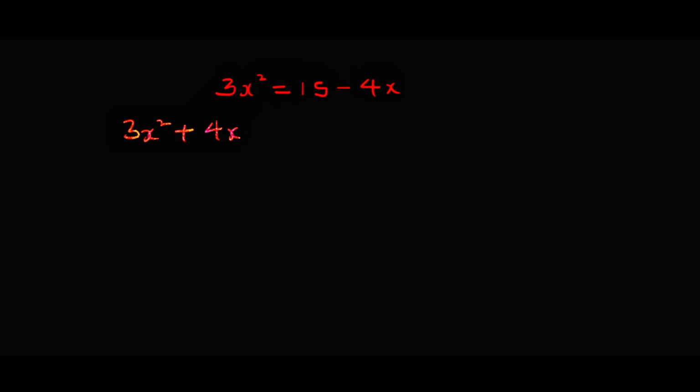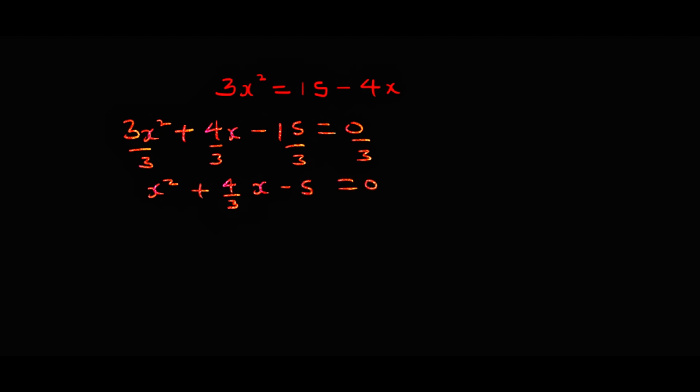When you take 15 to the left, it becomes minus 15, and that's equal to 0. The next step would be to divide through by a to make sure that the coefficient of x squared is 1. So we divide through by a, that is by 3, so that we have x squared plus 4 over 3 x minus 5 is equal to 0.